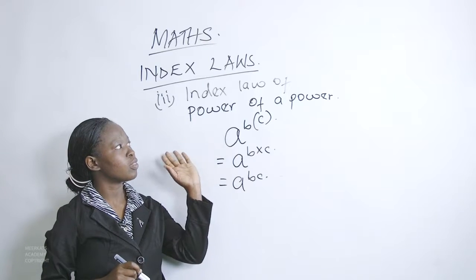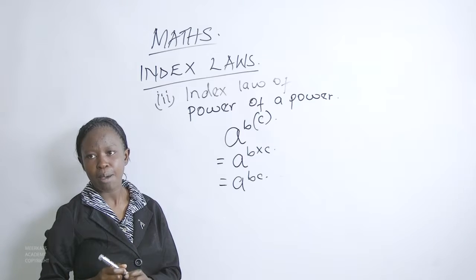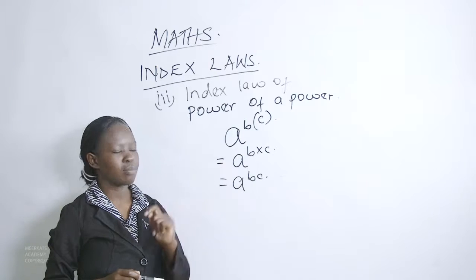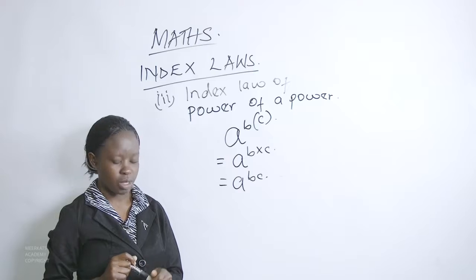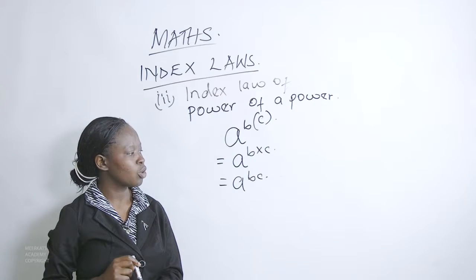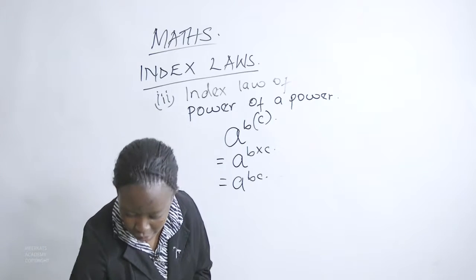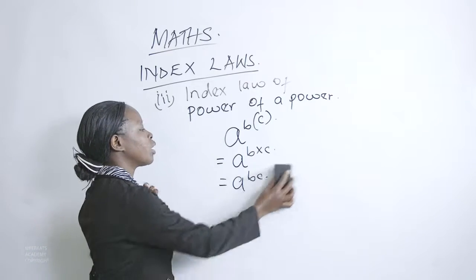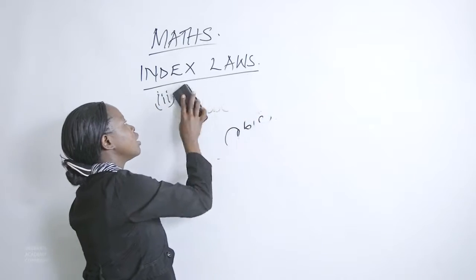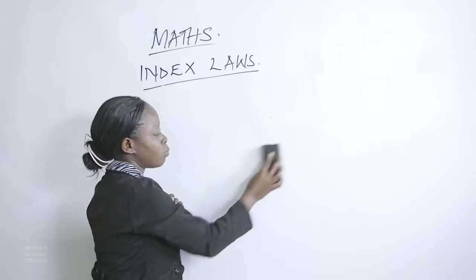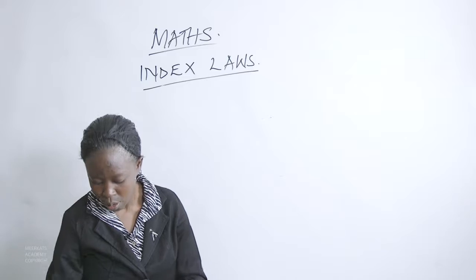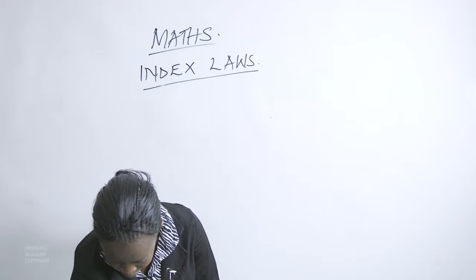And when you have the law of a power, we multiply the given powers so that we get the solution to whatever problem we are solving. With that in mind, we can look at some examples that require us to apply the laws of indices.